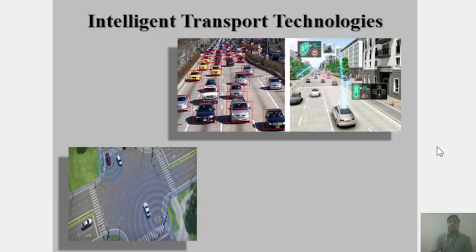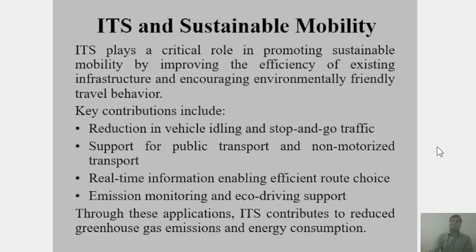So this is how the ITS, intelligent transportation system, works, where vehicle incident detection can be done using cameras and sensors mounted at nearby vantage points near the roads. Next, let us see what is ITS and sustainable mobility.